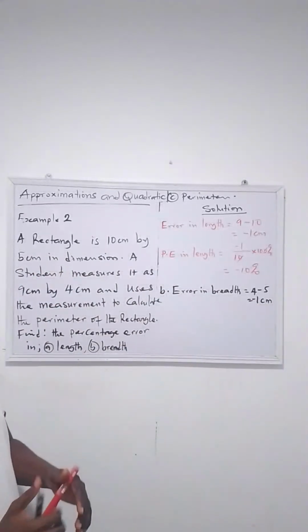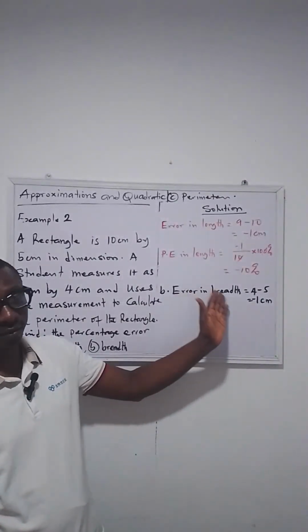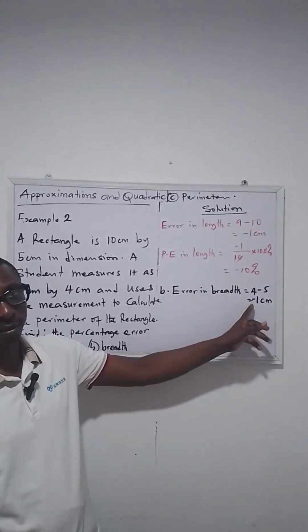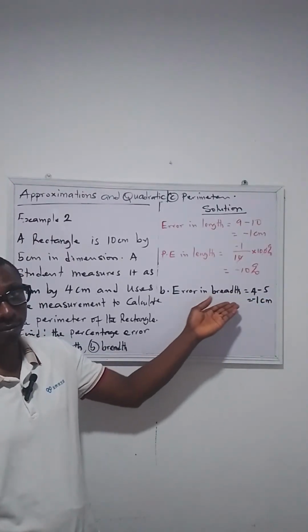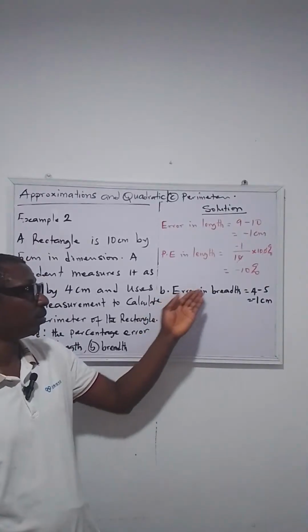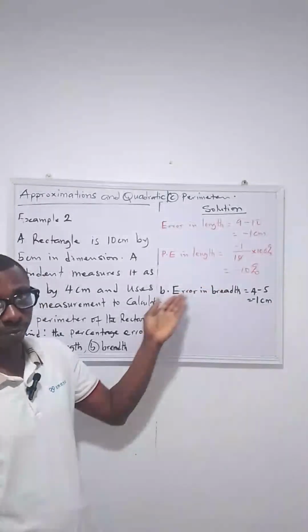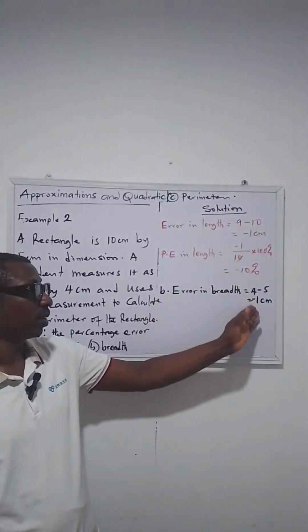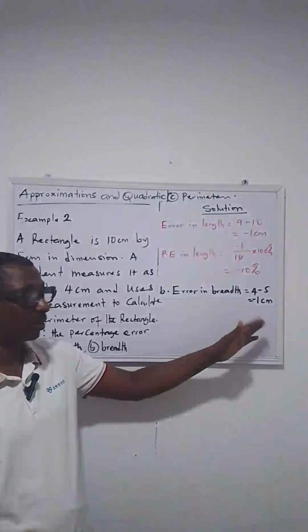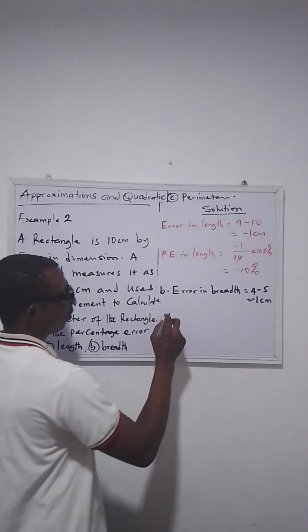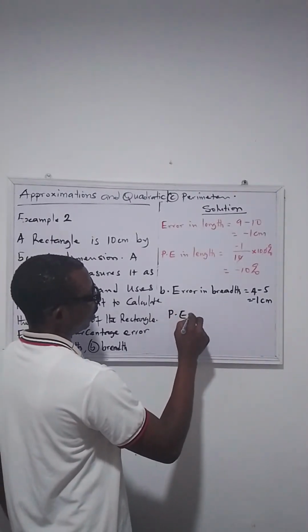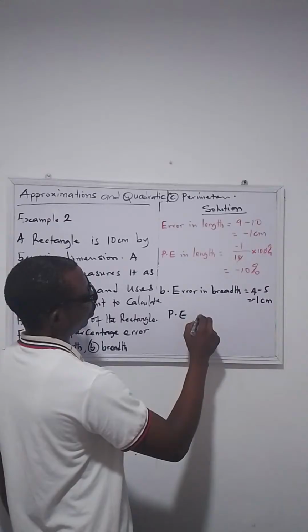Now I told you in my last video that this negative 1 is immaterial. So we are just looking for the difference, or change in breadth. It can either be positive or negative. So the negative is immaterial. All right. So now in this case, we have percentage error to be what?